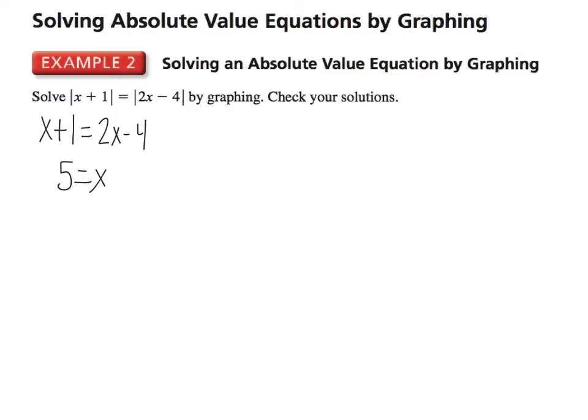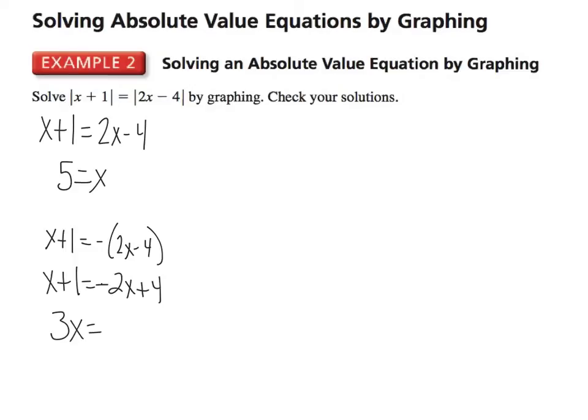We would then write x plus 1 equals negative multiplied by x minus 4. And let's see, that would give us negative 2x plus 4. And that would give us 3x equals 3, x equals 1. Now that still absolutely is an acceptable way to solve it. But let me show you how you graph it.